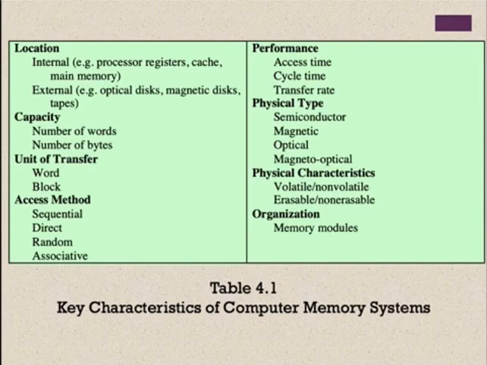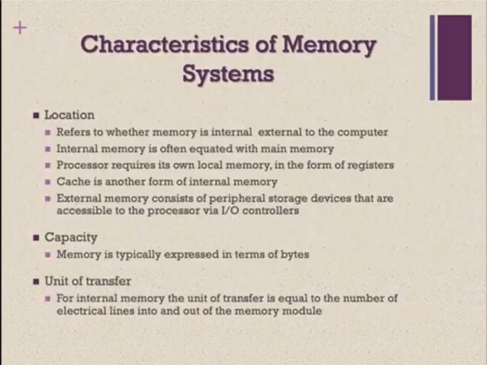Different architectures use different structures. Some argue that ring structure is the most efficient. Some argue that hierarchical structure is the most efficient. So it depends on whatever architecture you are following. We are going to discuss these characteristics in detail.